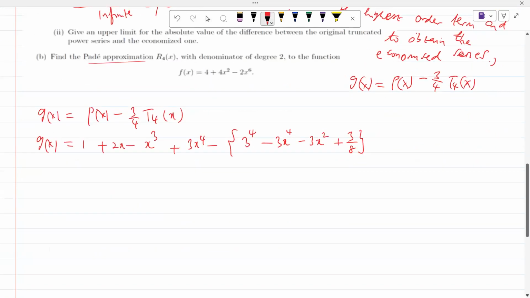So g of x is the same as p of x minus this. We subtract like terms and so on. So subtracting like terms, what does this give us?